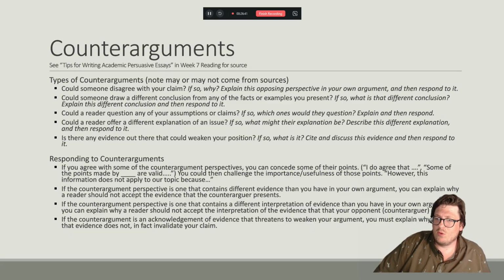And again, when you're doing these counter arguments, you want to have good, strong ones. You don't want to be fighting really weak arguments that don't actually do much to increase your reader's trust in you.